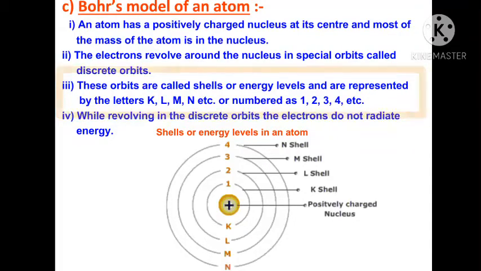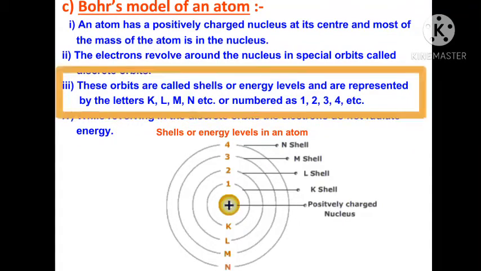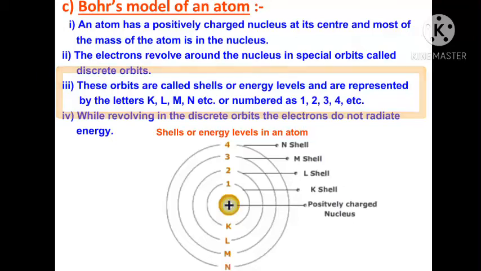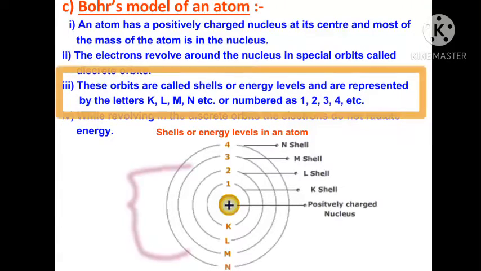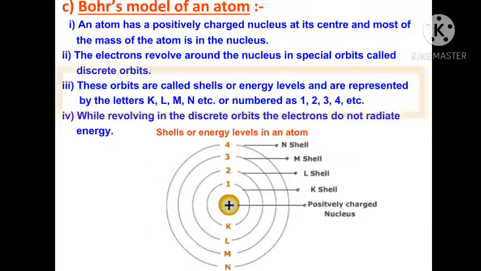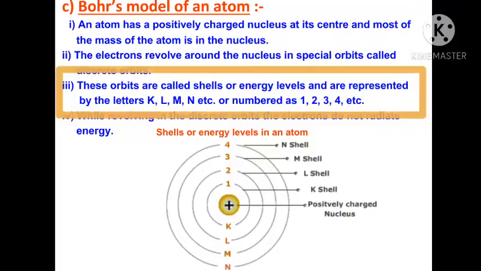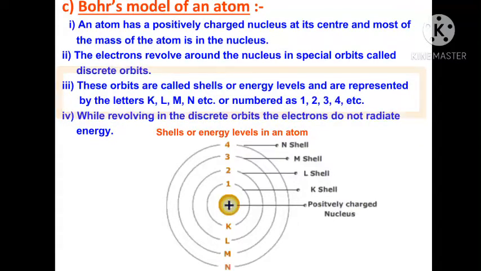These quantum numbers start from the nucleus side, with n equal to 1 having the lowest energy level. The orbits n equal to 1, 2, 3, 4 are assigned as K, L, M, N shells, and when an electron attains the lowest energy level, it is said to be in the ground state.